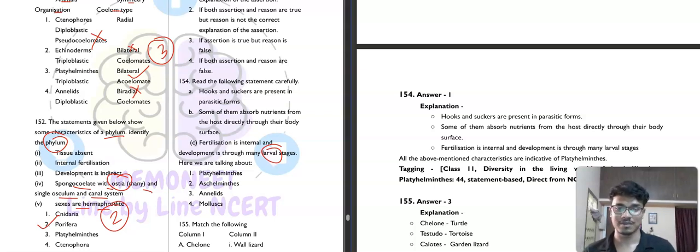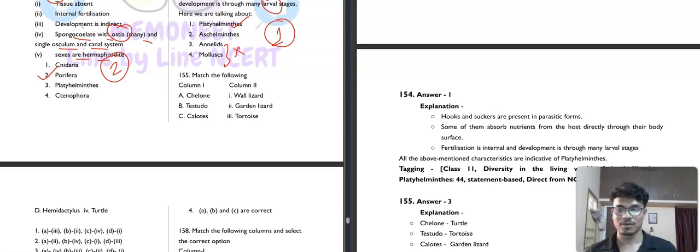Hooks and suckers are present in Platyhelminthes. Absorbing nutrients from the host through the body surface is also a characteristic of Platyhelminthes. Mollusca and Annelids are obviously not correct. We have confusion between Platyhelminthes and Aschelminthes, but hooks and suckers are present in Platyhelminthes, so the first option will be our correct answer.